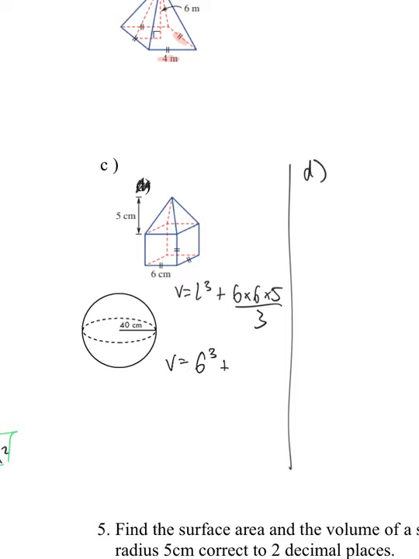And then it's going to be plus the length times the width times the height, so the 6 times the 5 on 3 of the pyramid. Cool, so 6 cubed gets us to 216, plus 6 times 6 times 5 on 3 gets us to 60. Add those together is 276 centimeters cubed.